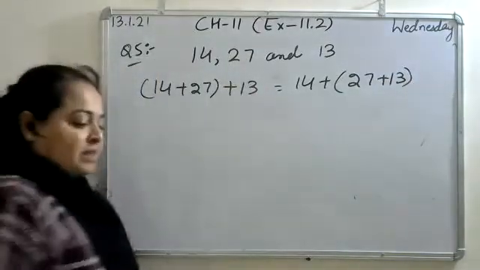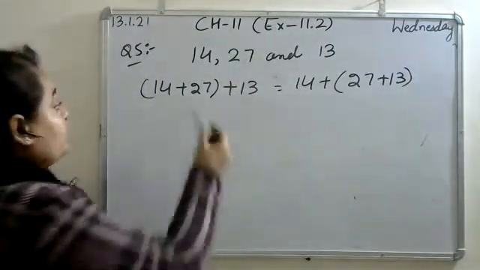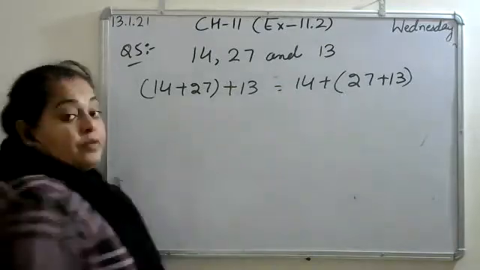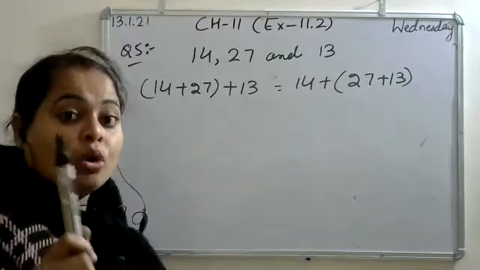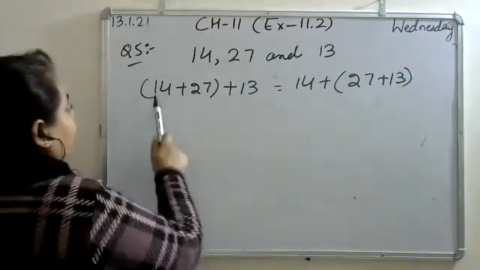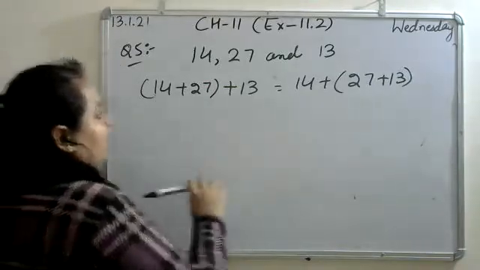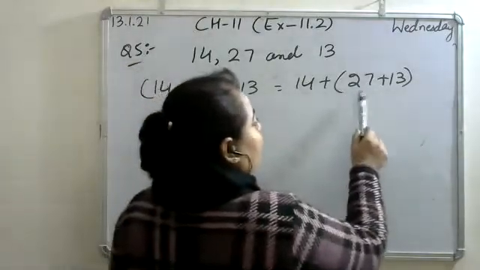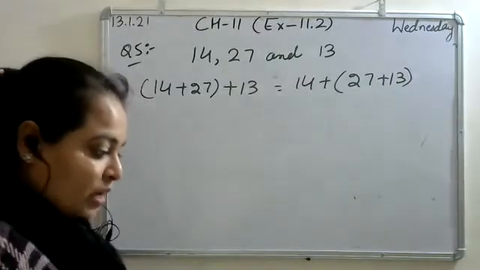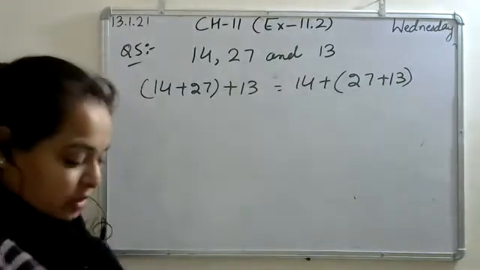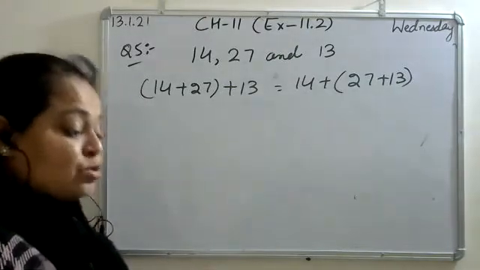Now students, tell me, what is the name of this property? We have done it in detail in chapter number 2, whole numbers. (14 + 27) + 13 and 14 + (27 + 13). Very good, Prerna. Associative. Yes, associative.